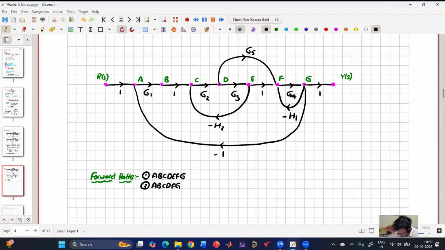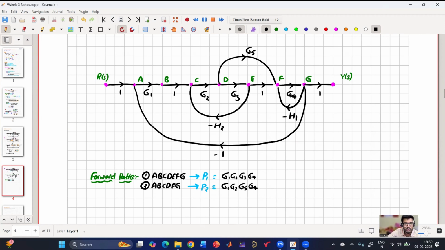Very good. So path 1 gain, P1, is what? And then P2 is what? P1 is G1, G2, G3, G4. P2 is G1, G2, G5, G4. Very good. So others agree with what this person has said?